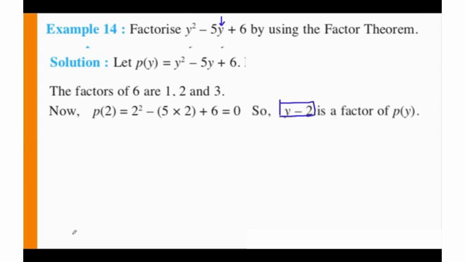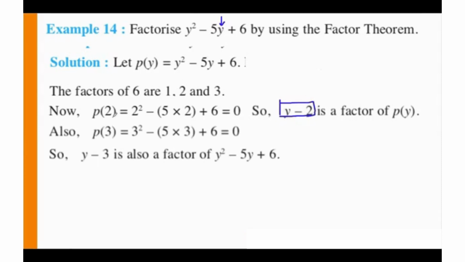Now let's put 3 here in place of y, because we need to also check with 3. So if we use 3, p of 3 also gives us 0. Now since p of 3 is 0, y minus 3 is also a factor of the quadratic polynomial.